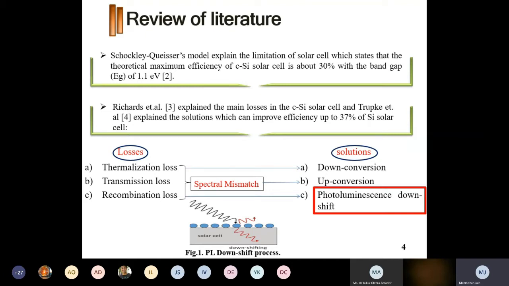These solutions are the down conversion method, upconversion method, and photoluminescence downshift method. Here we will talk about the recombination loss, and the solution for this is photoluminescence. Recombination loss happens due to the high energy photons, which recombine very fast at the surface of the silicon solar cell.